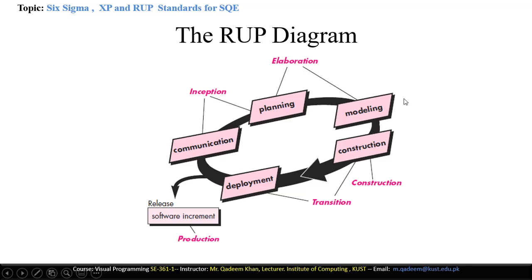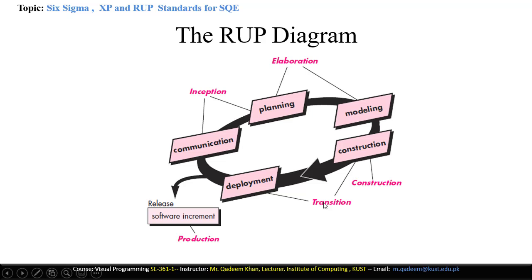After the modeling, the construction phase is completed. The construction phase is relevant to the programming phase of the software development. Here we will develop the product practically using certain computer languages and technologies like Java, C++, C Sharp, and MATLAB, etc.